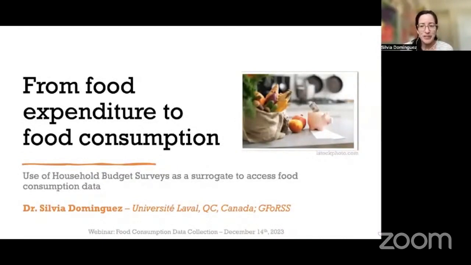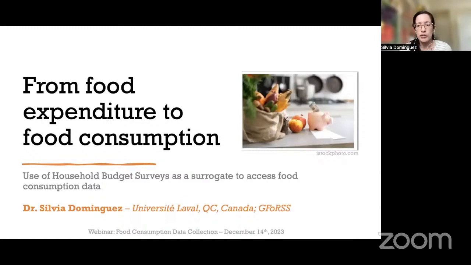During this talk, what I will present is a methodology for converting food expenditure data from household budget surveys into food consumption data, which, as you will see as we go through the slides, can be used as a surrogate for data that is collected directly through food consumption surveys.